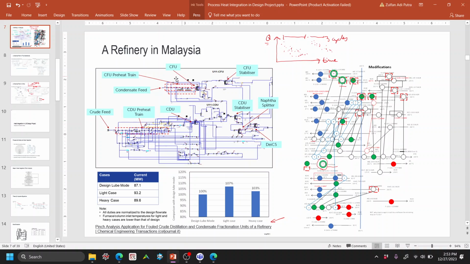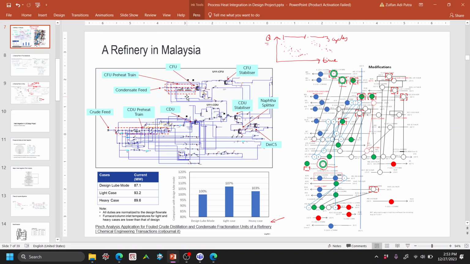When we did the mass energy balance reconciliation, we calculated the delta T for each of the existing heat exchangers. The delta T varies a lot, from 5 degrees C up to 30, 40, 50 degrees C. We simply take the average and use that as our design delta T.